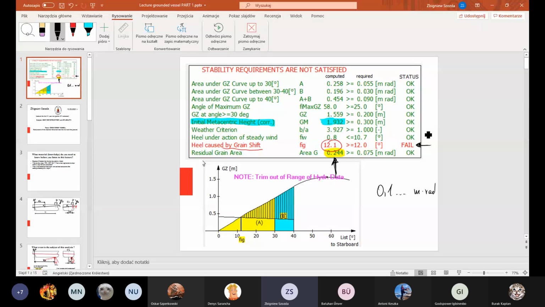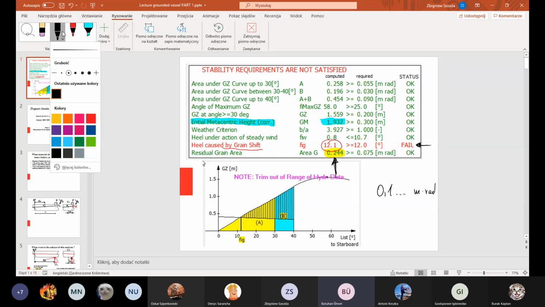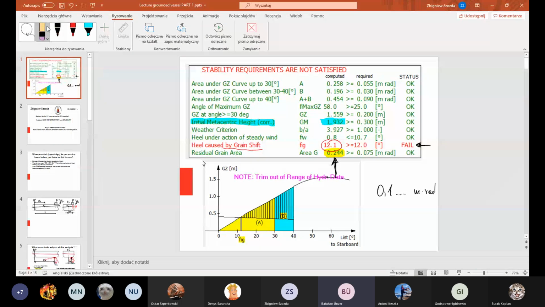What shall be changed in the loading condition to have all stability criteria satisfied? In this example, all our ballast tanks are already full, so we cannot take any more ballast, so we should take more grain, more cargo, so that the movement of the grain will be less, as the cargo hold has more grain inside it. Empty space will be less, so movement is less, so the heeling moments also will be less.